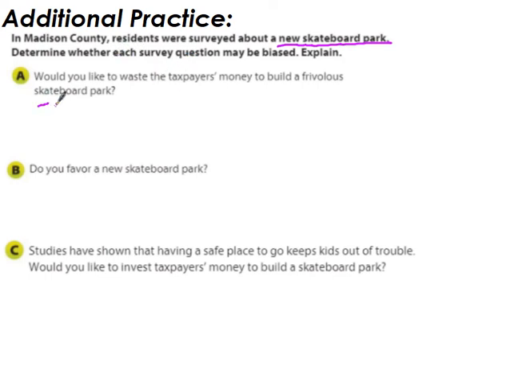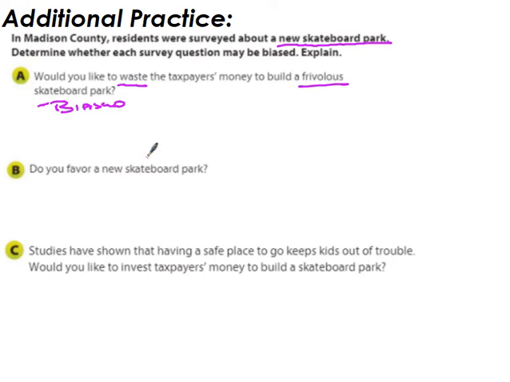So this would be an example of a biased question. The reason why is it's already implying that you're wasting the money for the taxpayers. So they're showing their opinion within the question. Frivolous means useless, so unnecessary. So that makes it biased. They're already putting their opinion within the question, not letting the person answer it themselves.